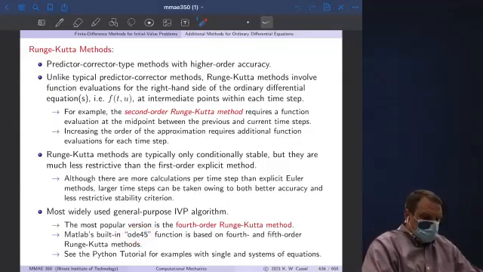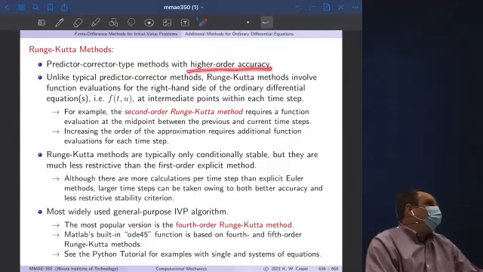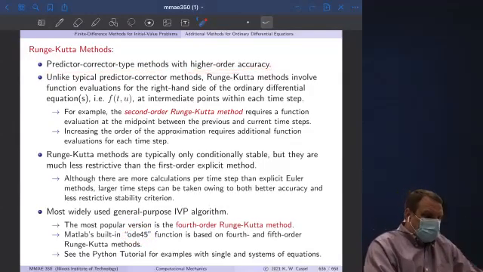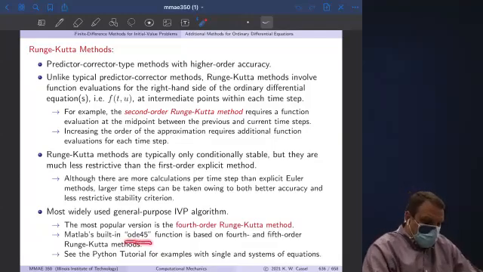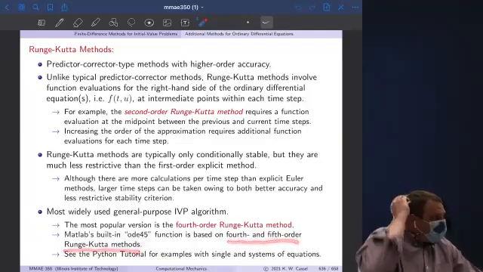And I'm not going to give you any equations at all. I'm just going to walk through some points about Runge-Kutta. So it is a predictor corrector type method, and it has higher order accuracy. So we can basically decide whatever accuracy we want and then apply the appropriate Runge-Kutta method to get that level of accuracy. So the ODE45 is actually using 4th and 5th order Runge-Kutta methods.